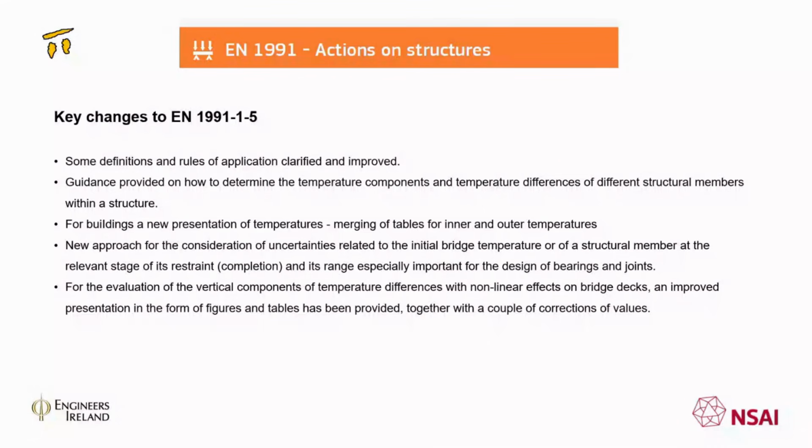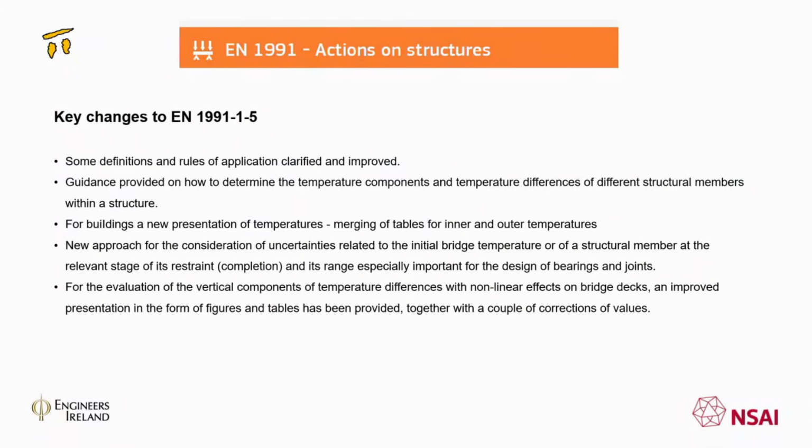EN 1991-1-5 is thermal actions. They've added some definitions. The rules of application have been clarified and improved. They've given guidance on how to determine the temperature components and temperature differences of different structural members within a structure, whether it be a building or a bridge.